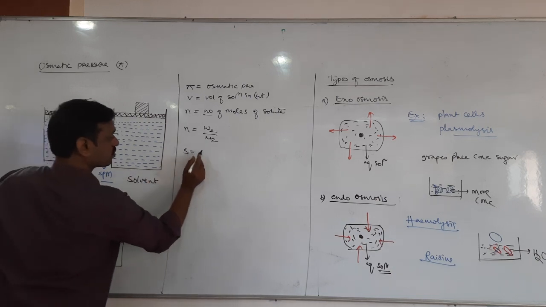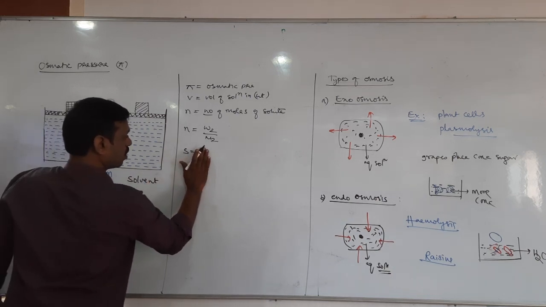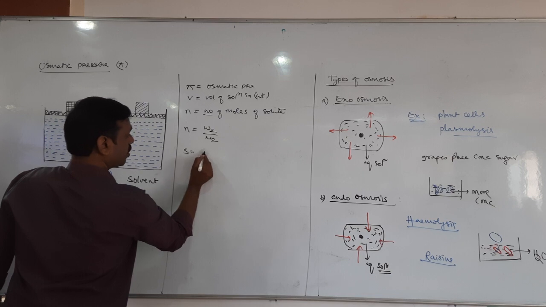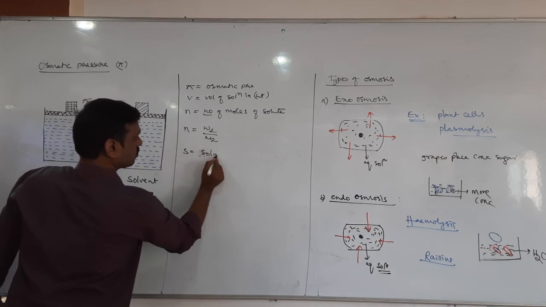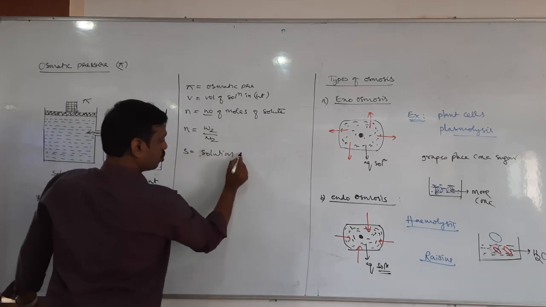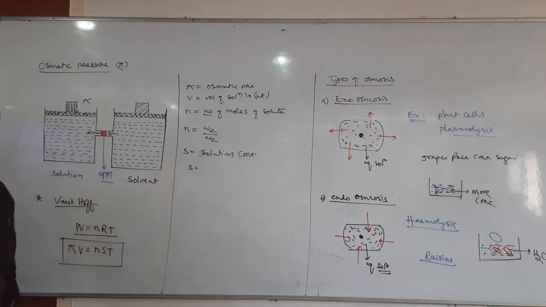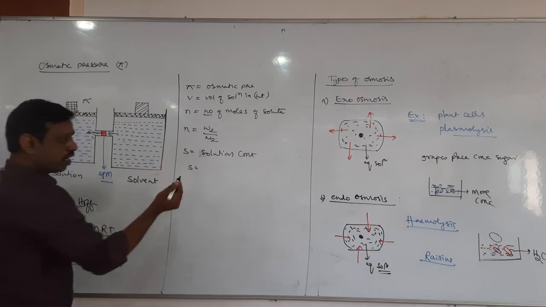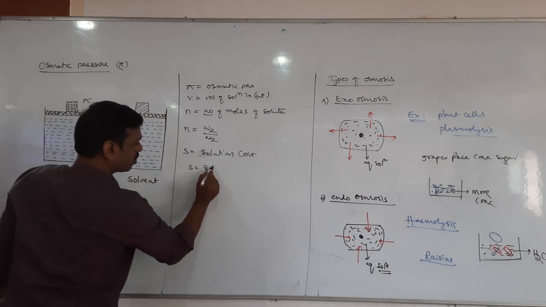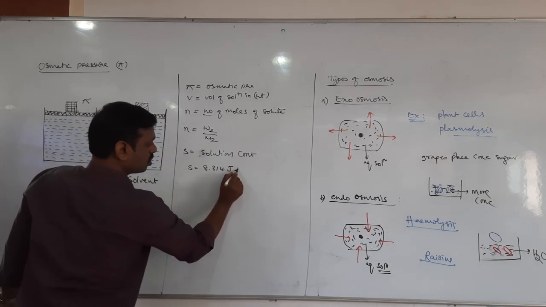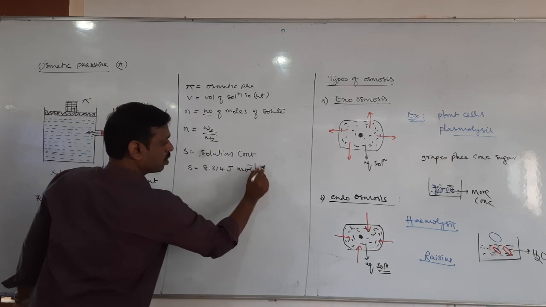And S equals the gas constant. Here we write solution constant. What is the S value? The S value is similar to the R value. So what is the R value? It is 8.314 joules per mole per Kelvin.